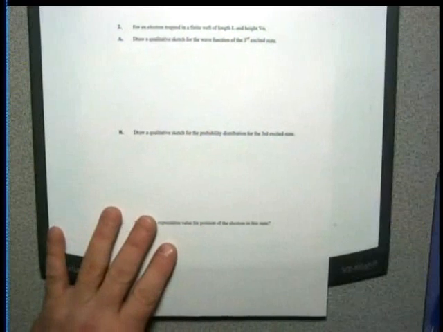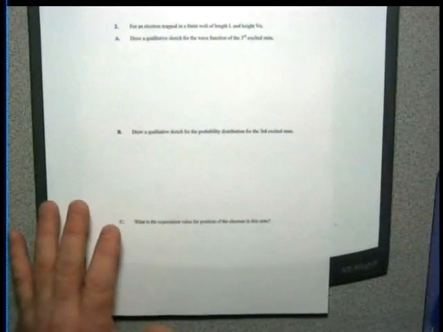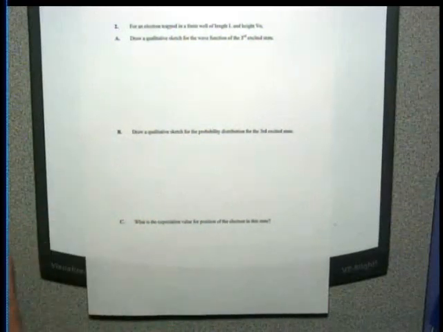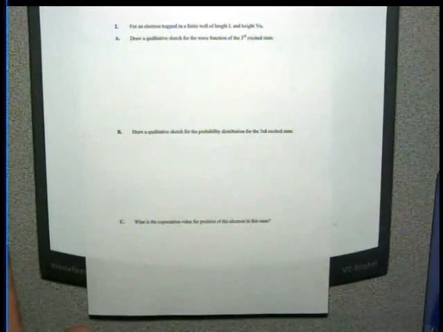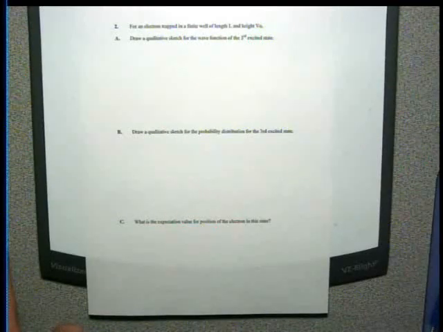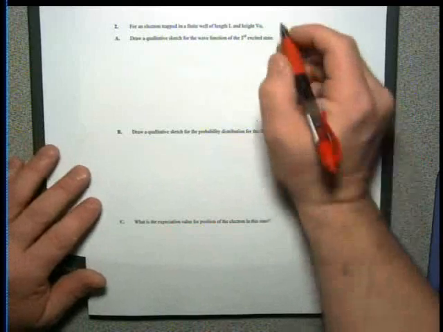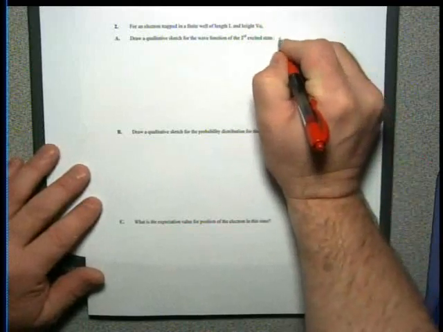Before I draw it, I want you to draw a qualitative sketch for the wave function of the third excited state. What does that mean in terms of n? 4. A lot of you guys botched that on the test. Yes. So we're talking about the n equal 4 state.